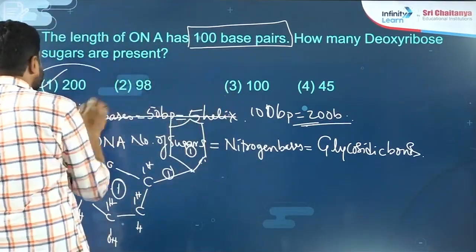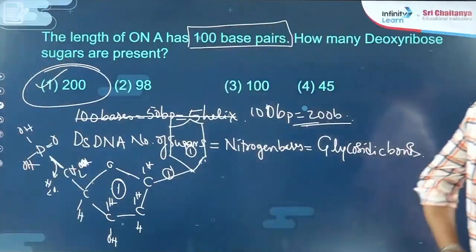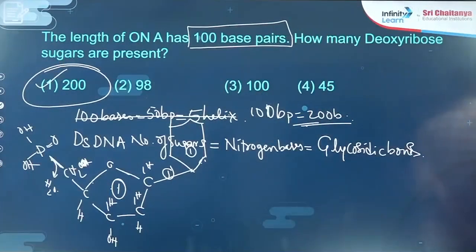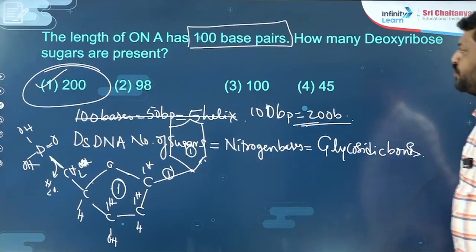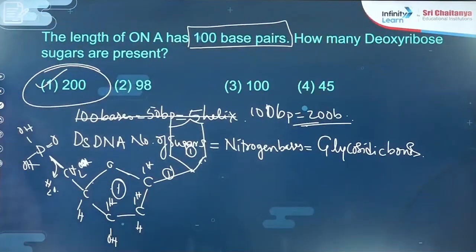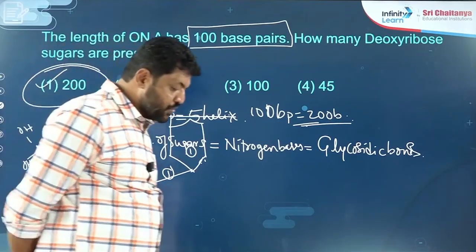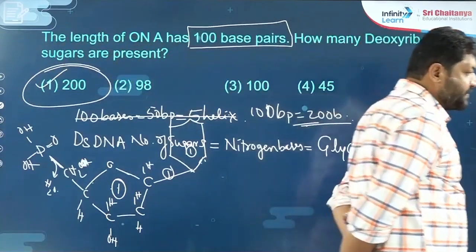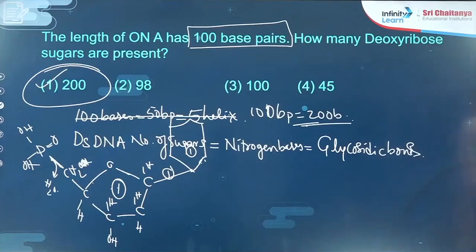Did you get that answer? 100 base pairs is 200 bases, so the number of sugars will be 200, and the number of glycosidic bonds will be 200. As a thumb rule, the number of phosphodiester bonds will be bases minus 2. That is 200 bases minus 2, which is 198.